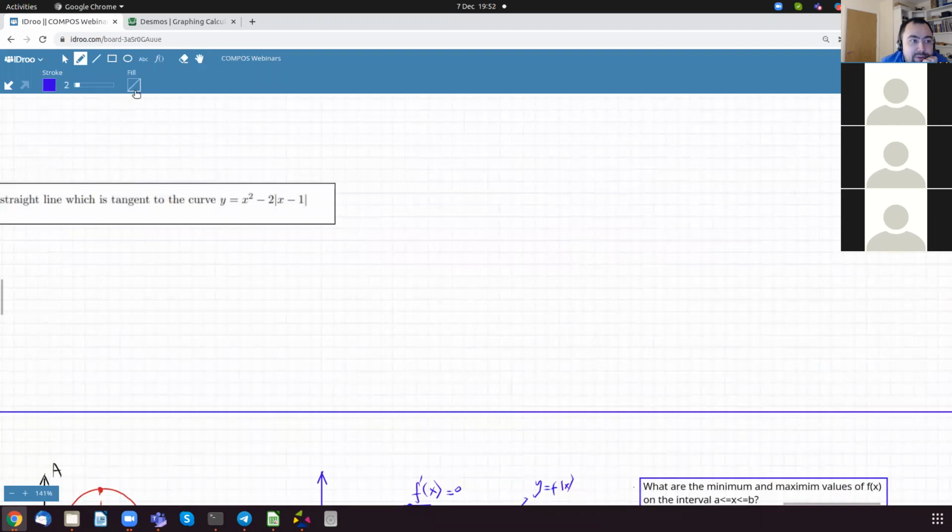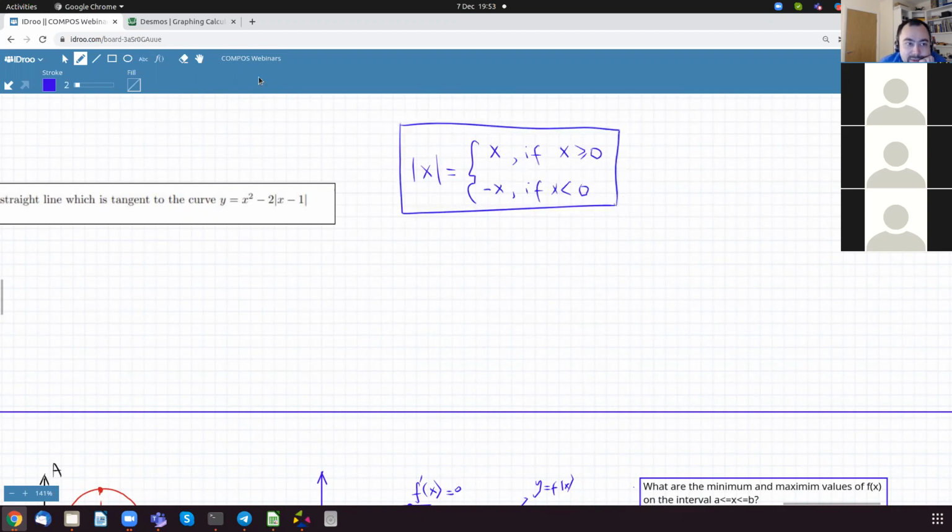The definition of a modulus: modulus x is equal to x if x is greater than or equal to 0, and it's equal to minus x if x is less than 0. This is the definition.